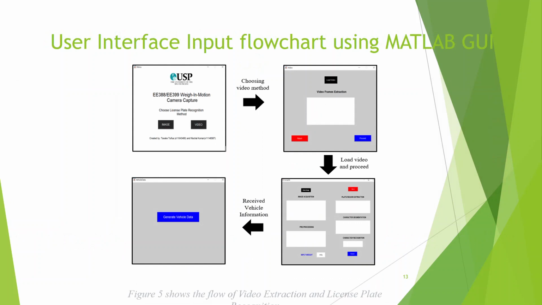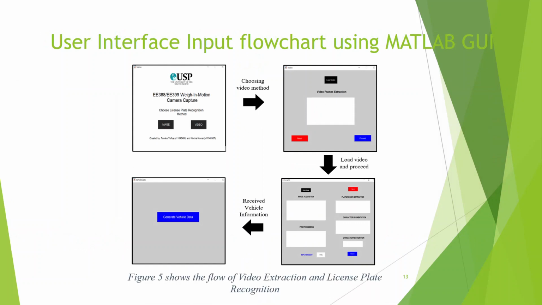Moving on to our license plate image processing, we created some GUI figures with MATLAB software for a user-friendly interface in processing the images of videos. As illustrated by our flowchart, it begins with choosing the method for processing. If video is chosen, then a prompt window will pop up for the video to be loaded.